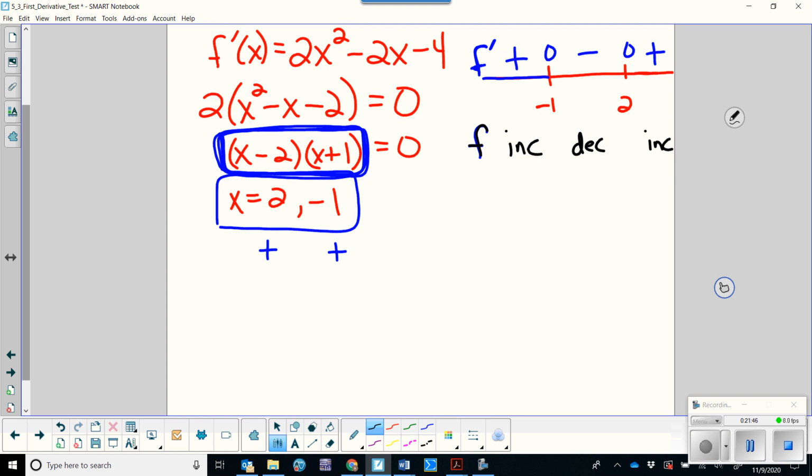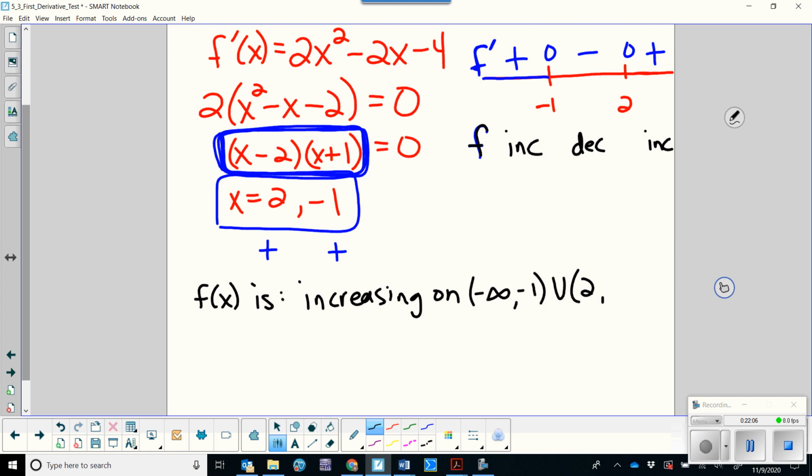Now I need to answer and say f of x is increasing on, and I'm going to list my intervals. So it's going to be minus infinity to negative 1 union 2 to infinity, and then I have to give my reason, and my reason is because f prime of x is greater than 0. Remember, that's how you say it's positive there.